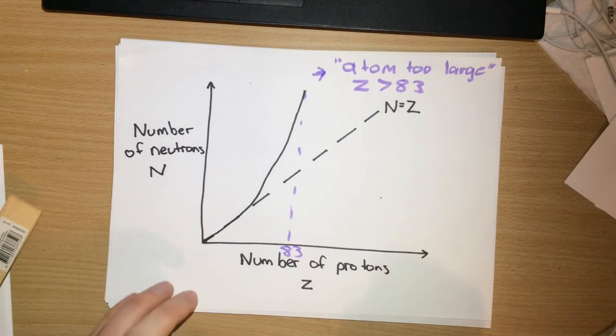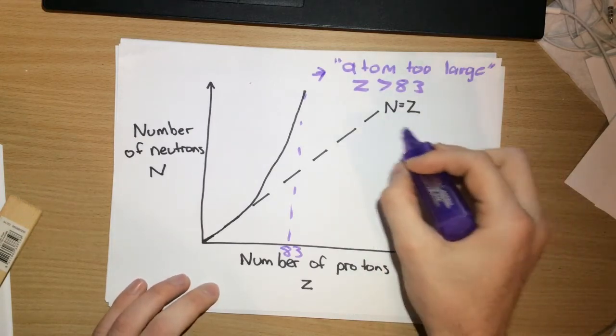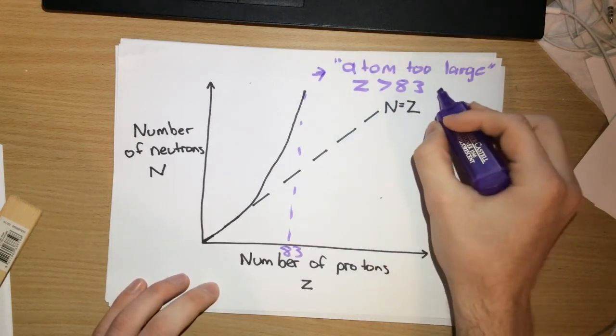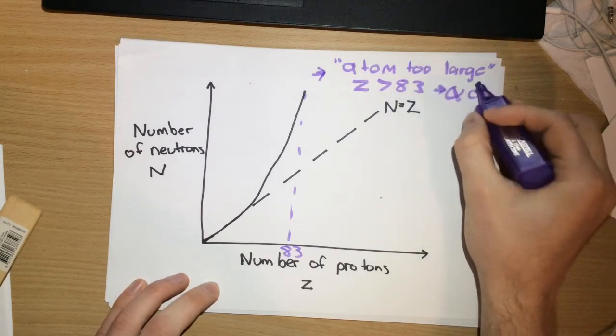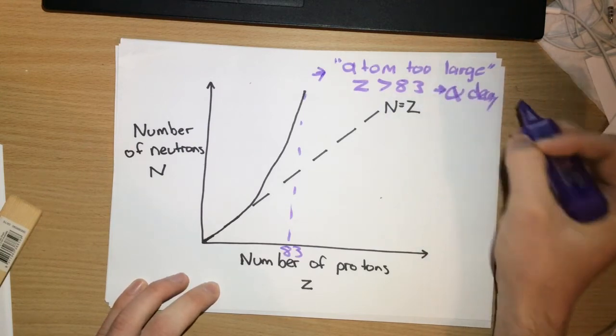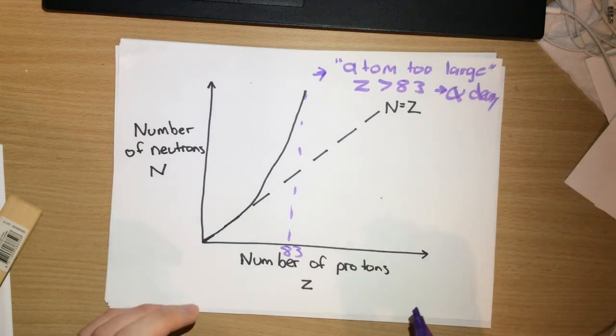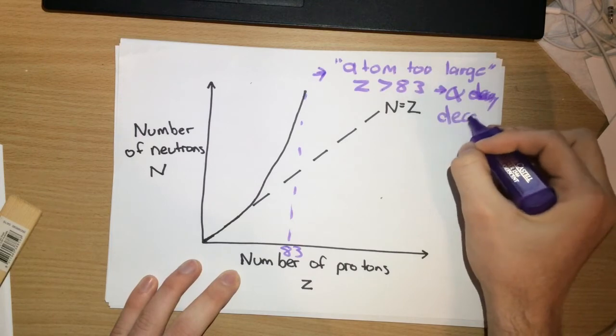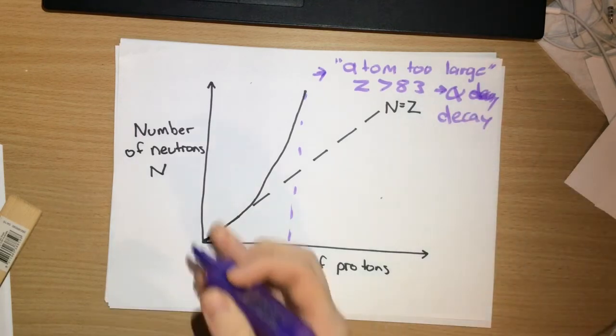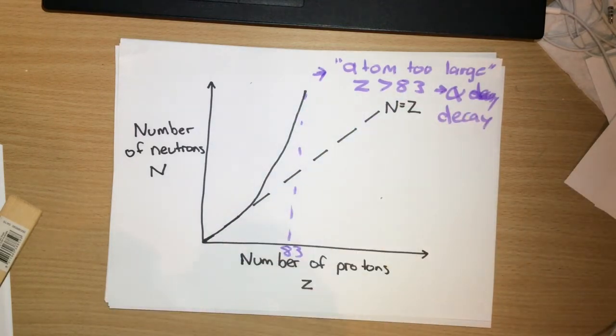And what we get here, I'll just sneak it in here, this leads to alpha decay. So when we have greater than 83 protons, we get alpha decay.